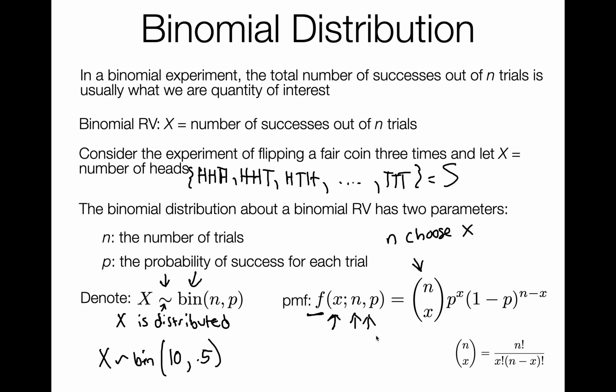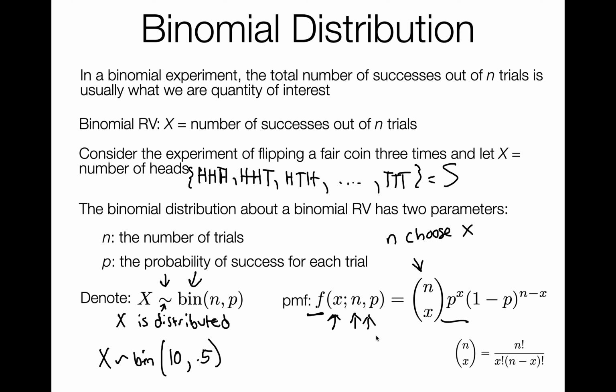This second part here, p to the x, is the probability of success raised to however many successes that you had. The input of my function is the number of successes I had. The output is the probability that happens.